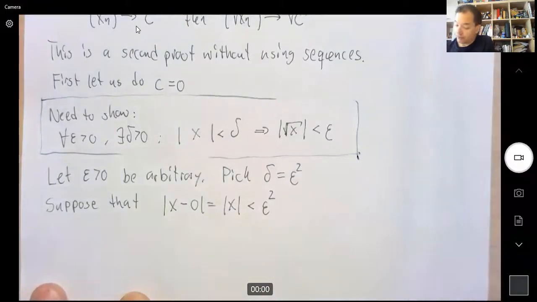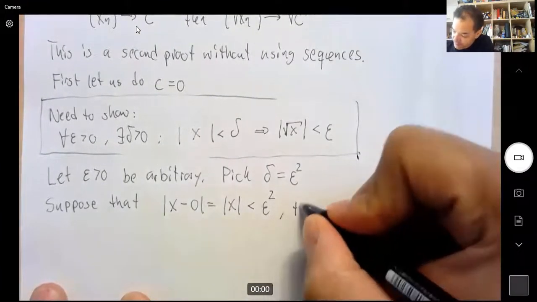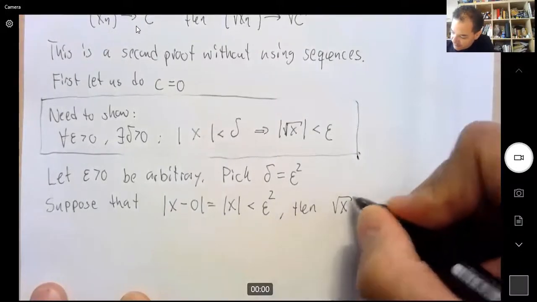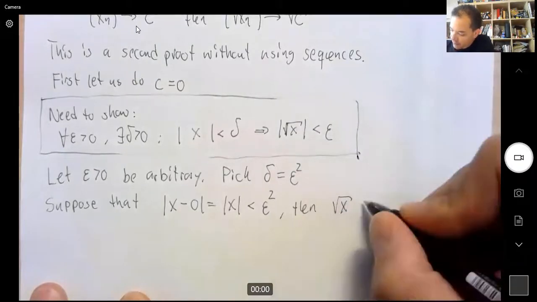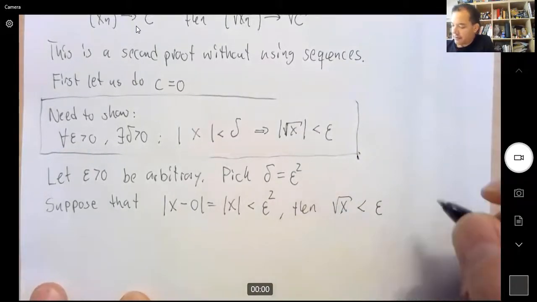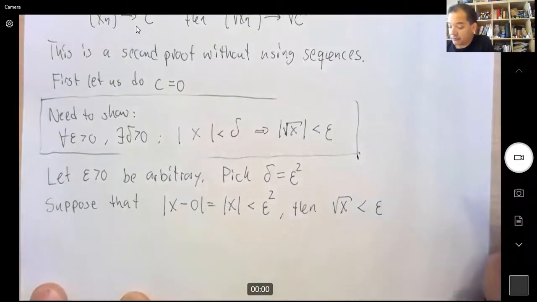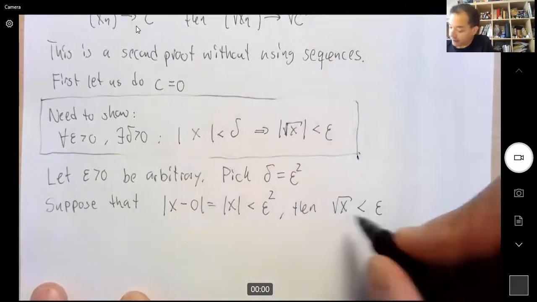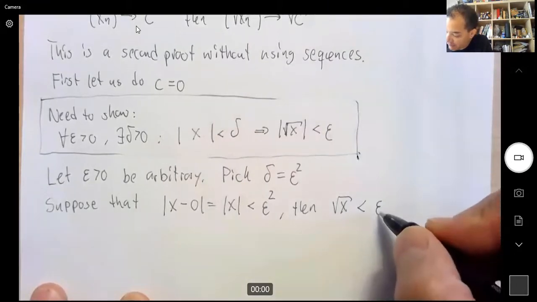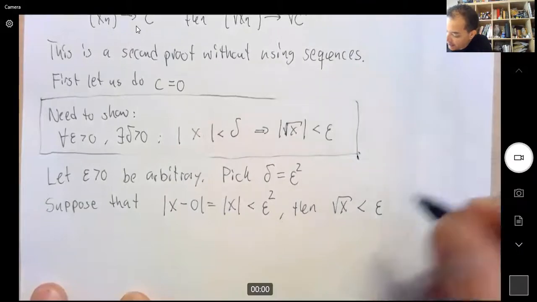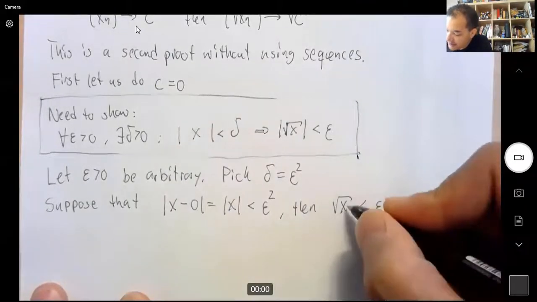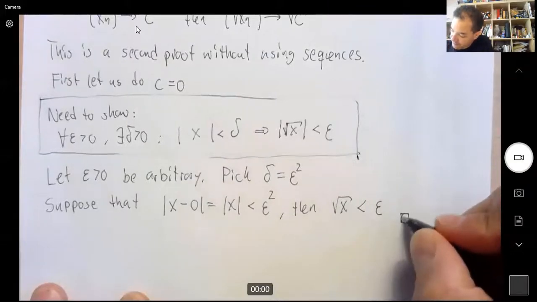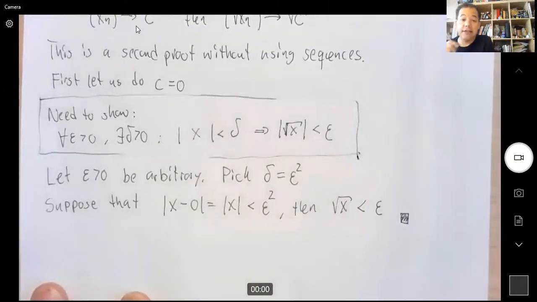Now we take square roots. Then square root of x is less than epsilon. And absolute value of x and x are the same because in this case, our domain is only positive numbers, so we don't need to worry about that. So root of x is less than epsilon, and root of x is the same as absolute value of root x. So we're done with when c is 0.